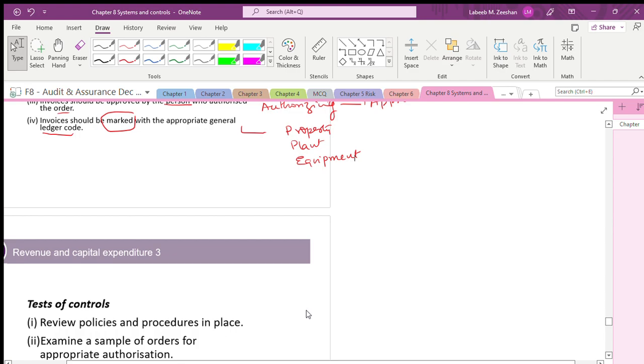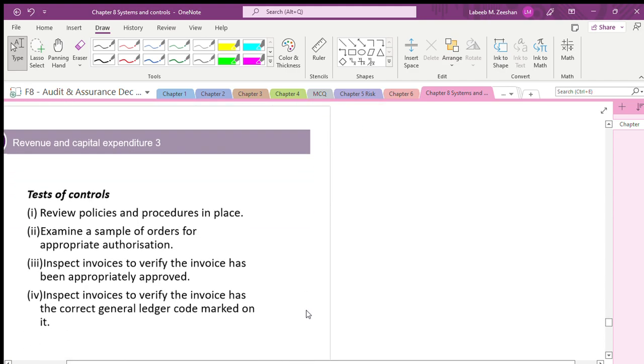Now, what are the tests of controls? For each control, there is a test of control. You are going to review the policies and procedures in place. You have to examine a sample of orders, whether they have been done with authorization and approval.